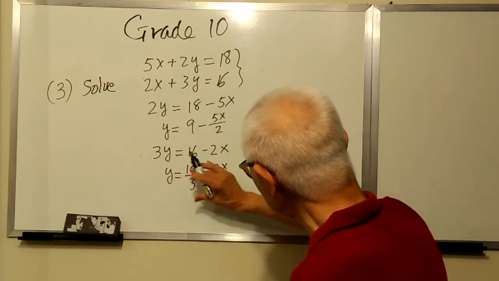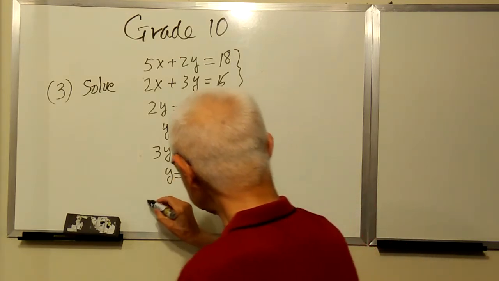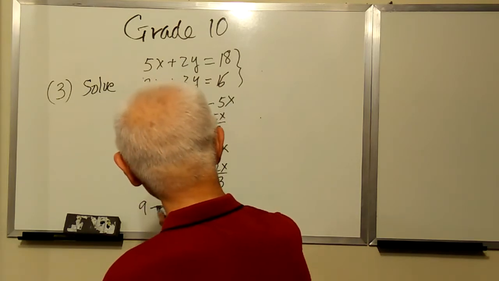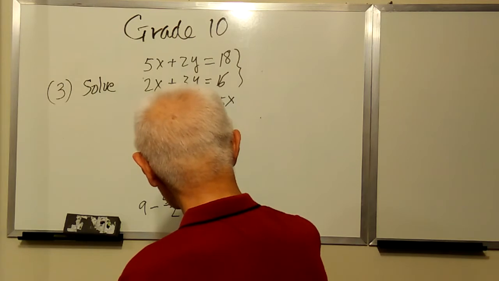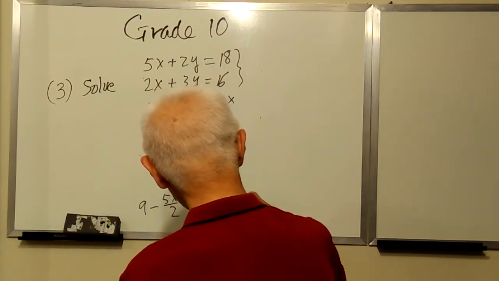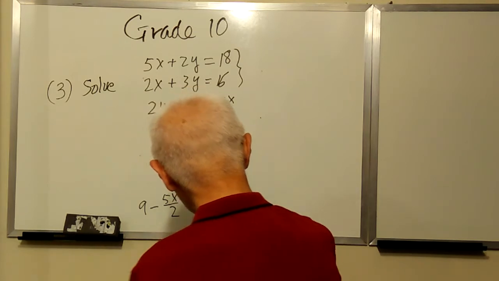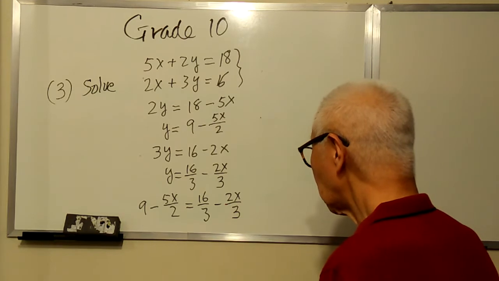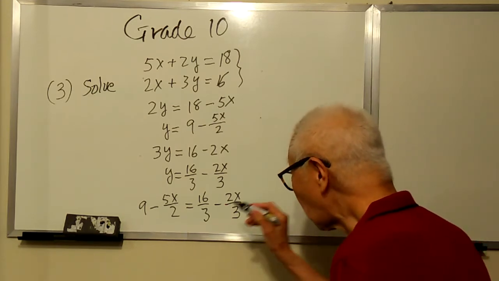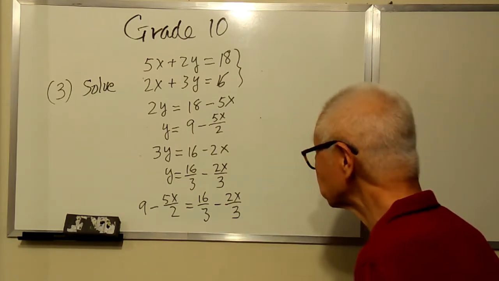So the right-hand side should be equal. So I write 9 minus 5x over 2 should equal 16 over 3 minus 2x over 3. Solve this equation for x.